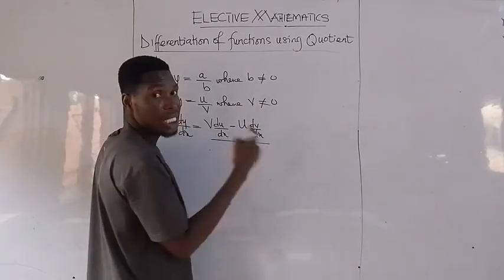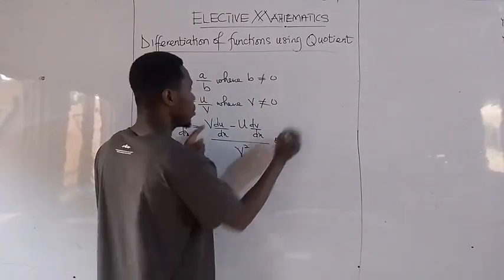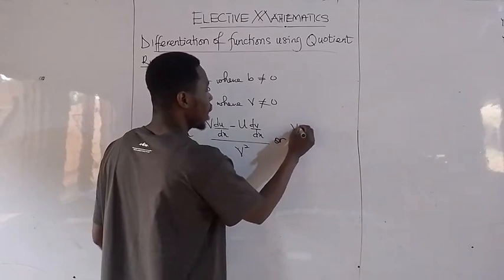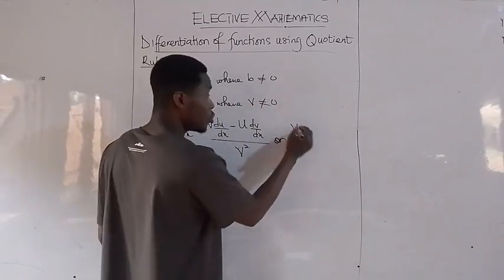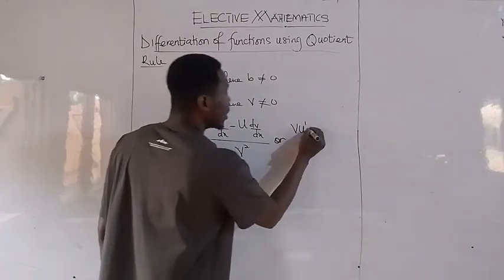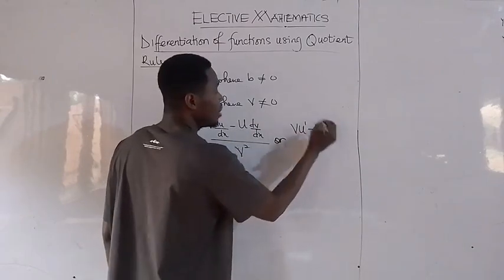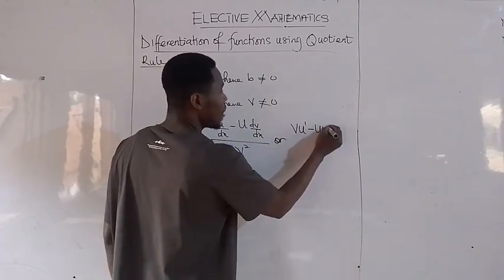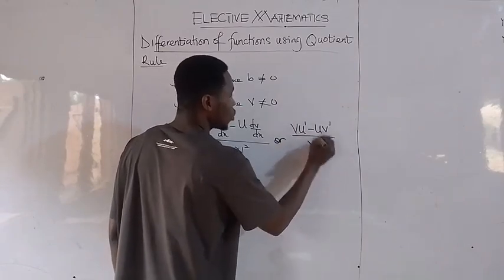In other books, you will see v times the derivative of u, which is u prime, minus u times the derivative of v, which is v prime, all over v squared.